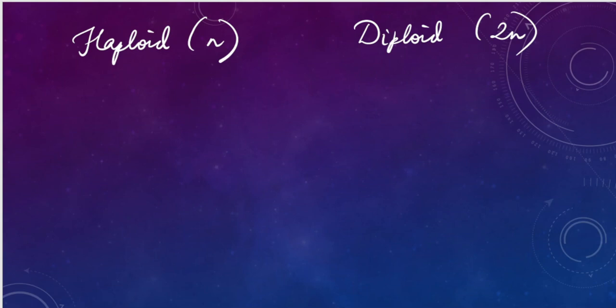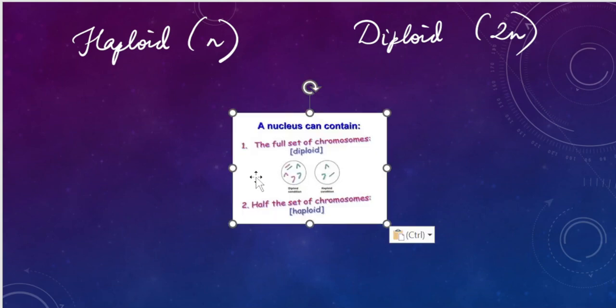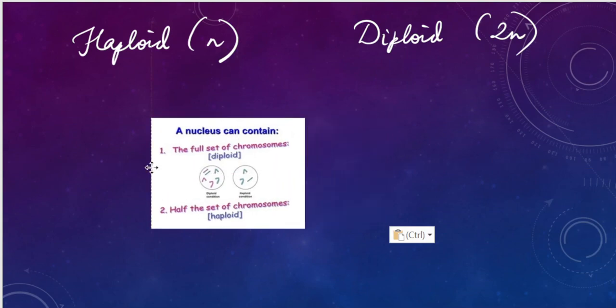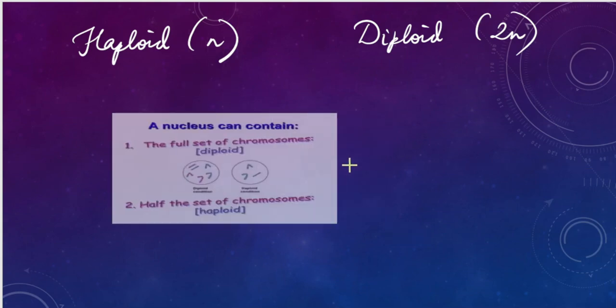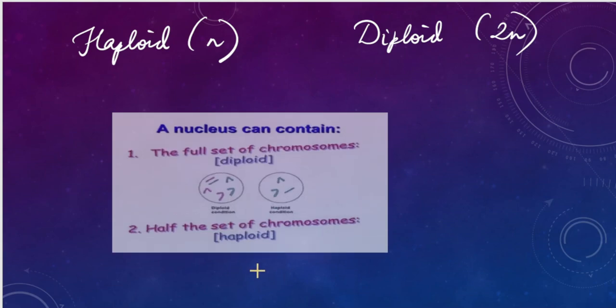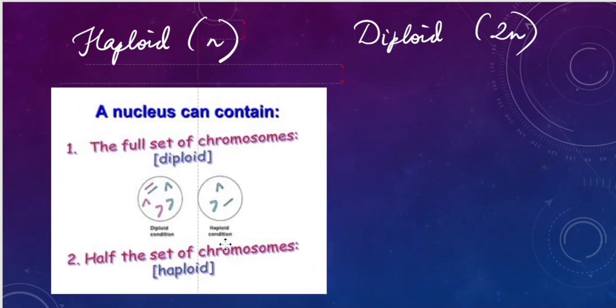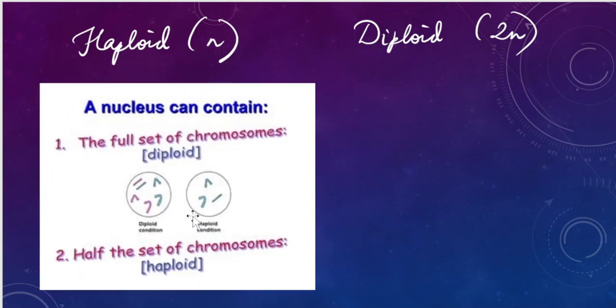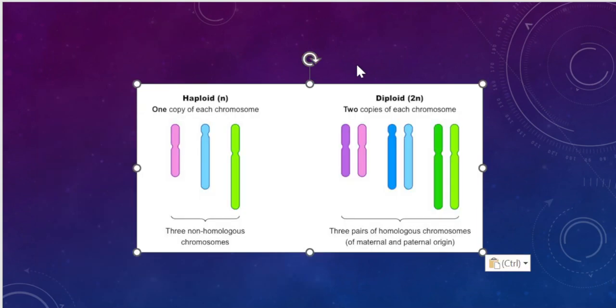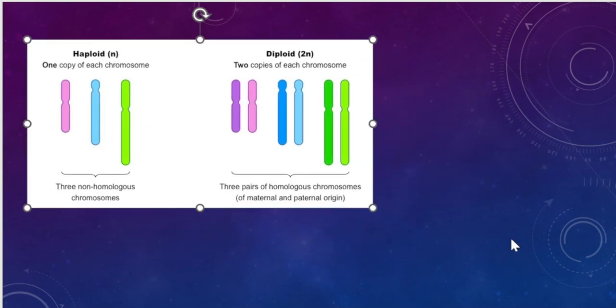See, I will actually show one image for this also. If you can see this one image, I will zoom this. See, they have shown diploid and haploid, and I will give you one more image to give you a better understanding.